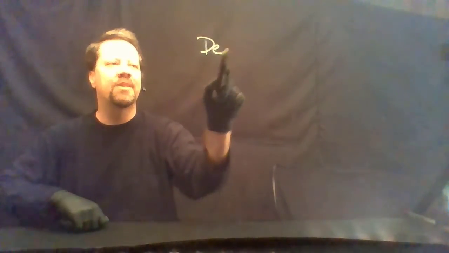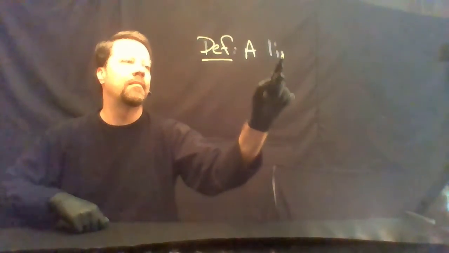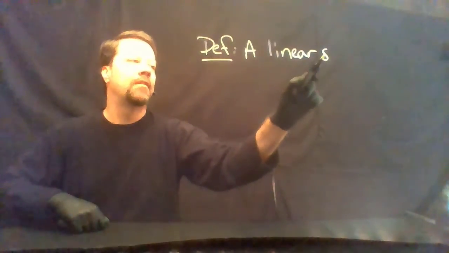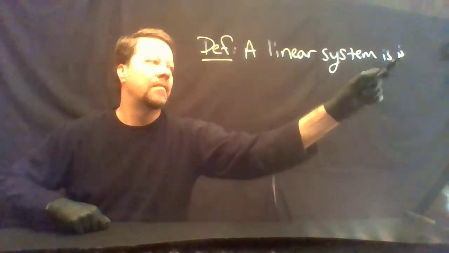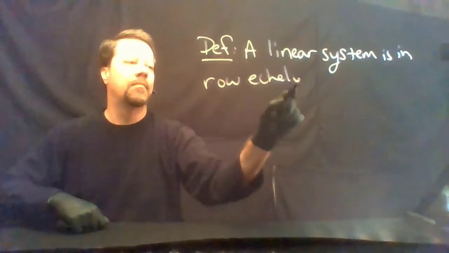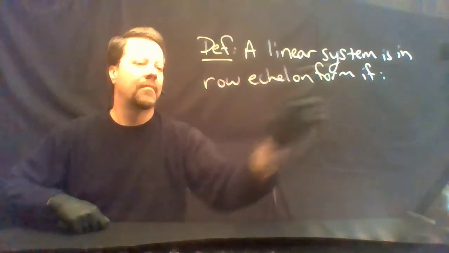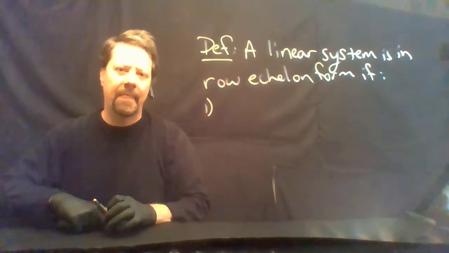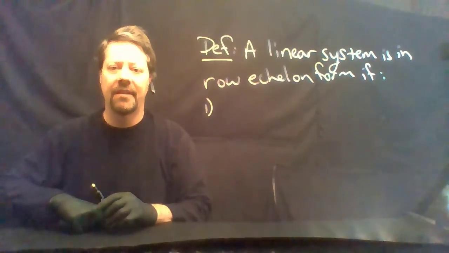There are three principles describing what it means for a system to be in row-echelon form. First, each row must have the first non-zero coefficient equal to 1.